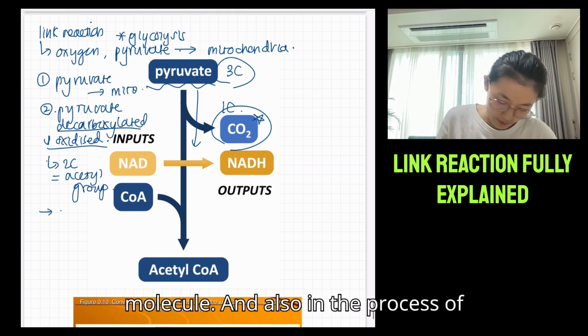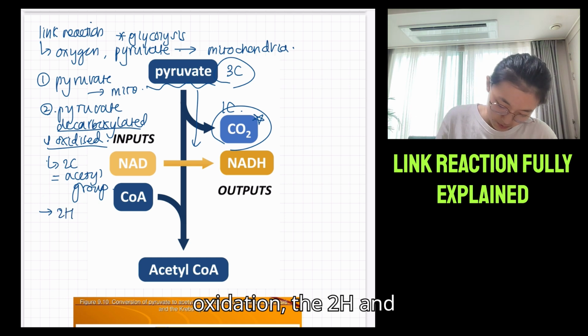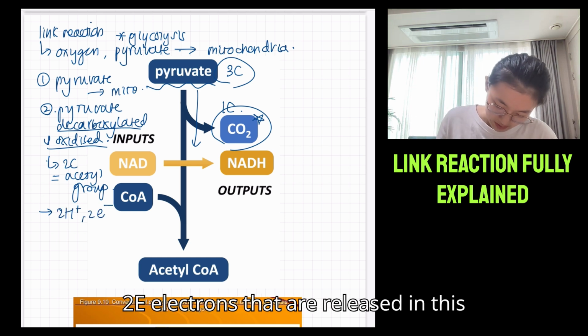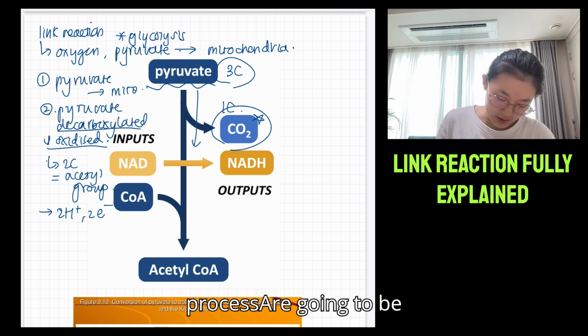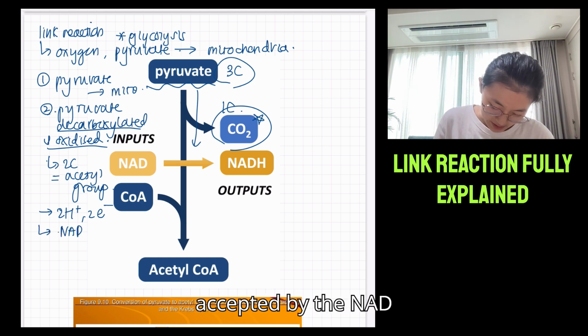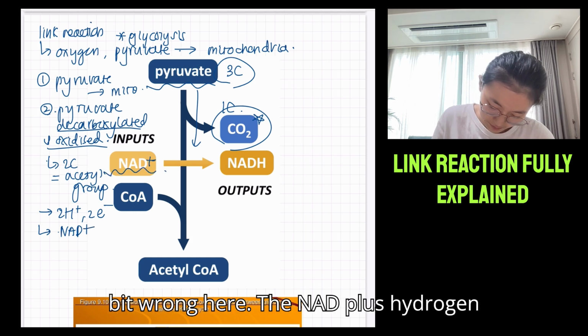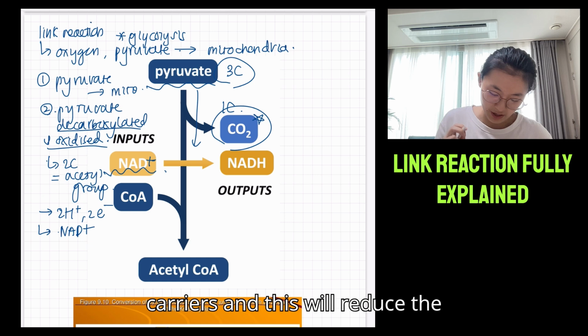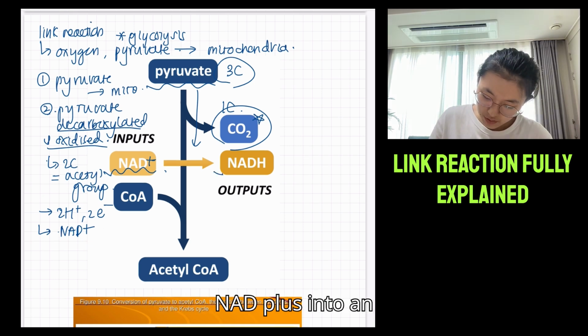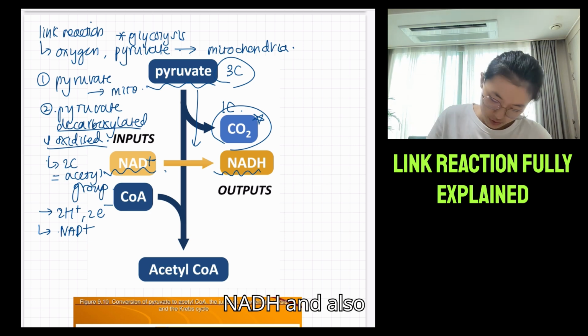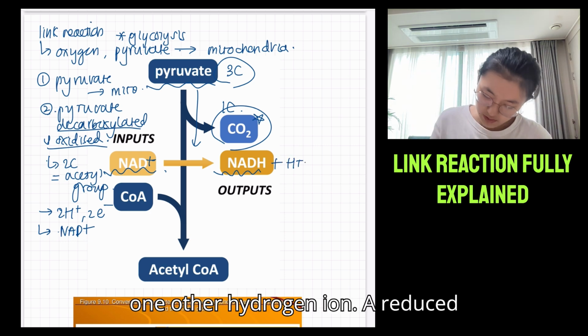And also in the process of oxidation, the 2H and 2 electrons that are released in this process are going to be accepted by the NAD plus. Oh, I think the notation's a little bit wrong here. The NAD plus hydrogen carriers will be reduced into NADH and also one other hydrogen ion.